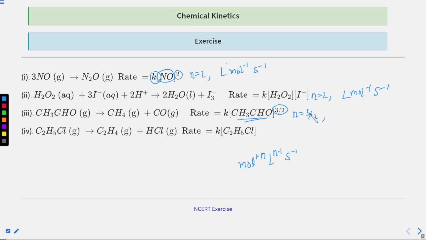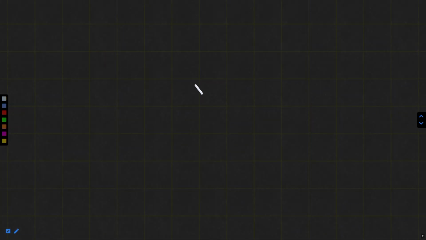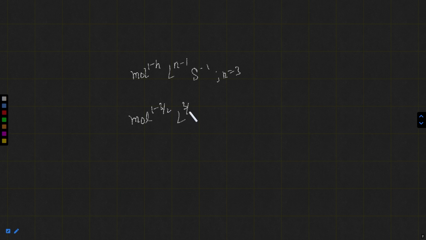Now, what about the unit of the rate constant? Again, we'll use the formula, which is mole^(1-n) liter^(n-1) per second. If you put n equals 3 by 2, mole will be 1 minus 3 by 2, liter will be 3 by 2 minus 1, and per second.